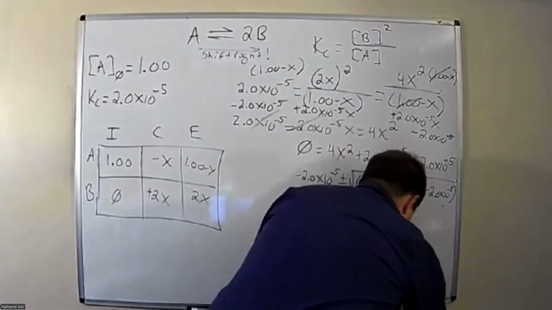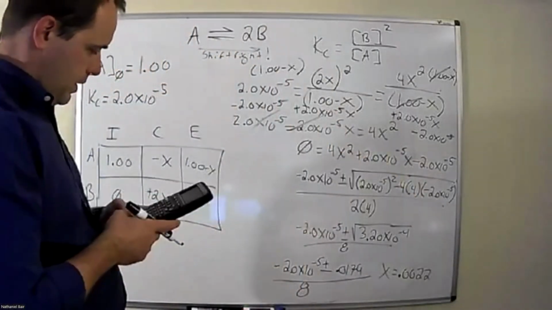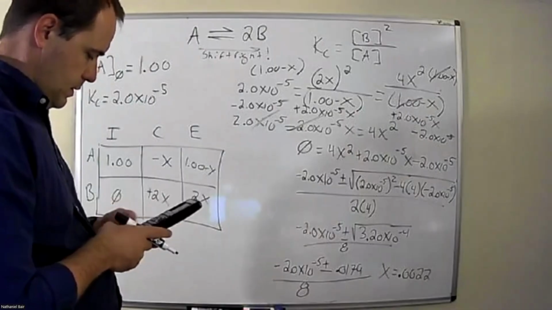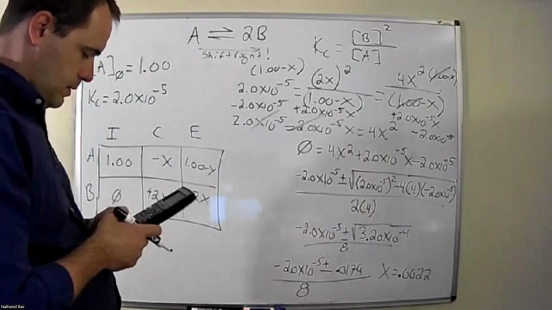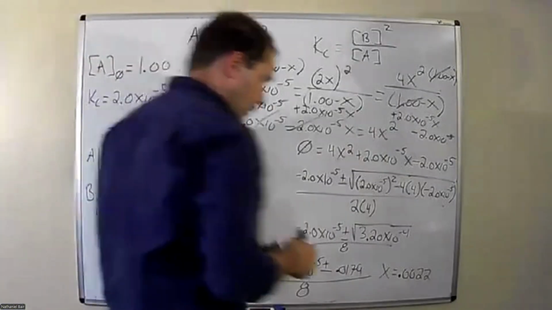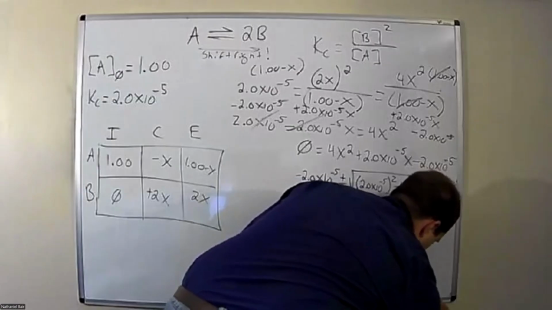I got positive 0.0022 and then probably negative that, but let's try it. Yeah. Or negative 0.0022.